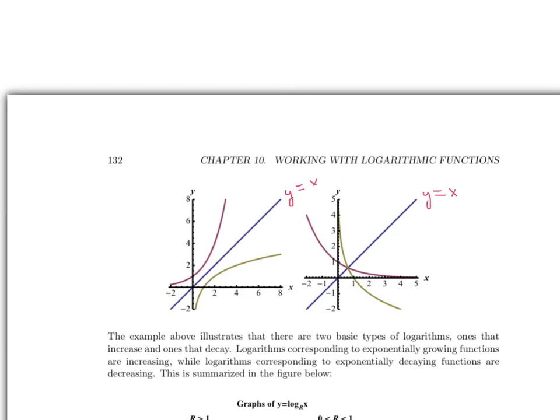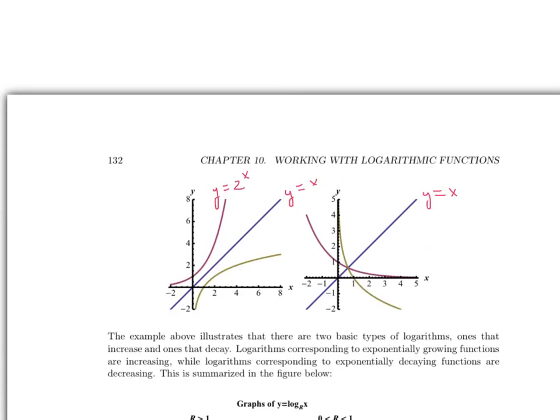First of all, can you find an exponentially growing function? Well, you can see here that this is the only curve that has the right kind of behavior for it to be an exponentially growing function. So that means this must be the graph of y equals 2 to the x, because that's an exponentially growing function.